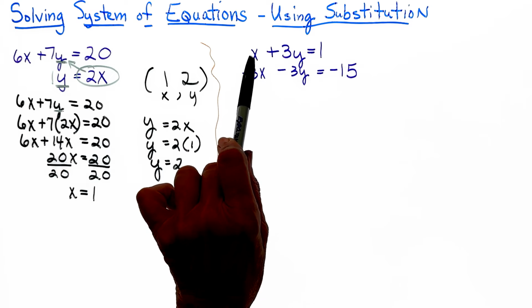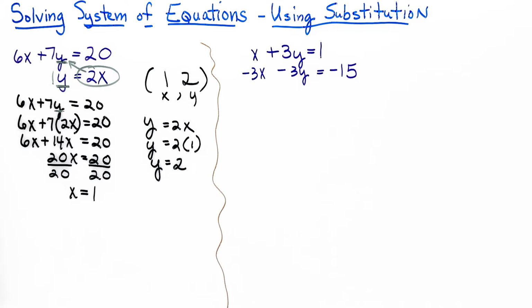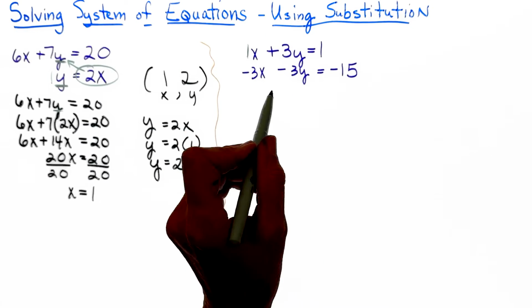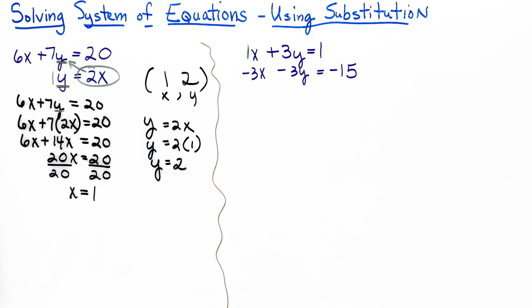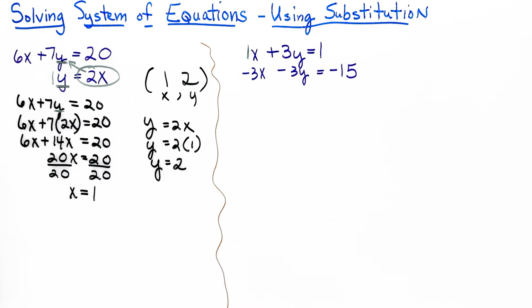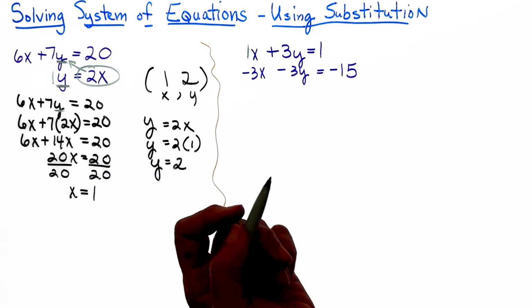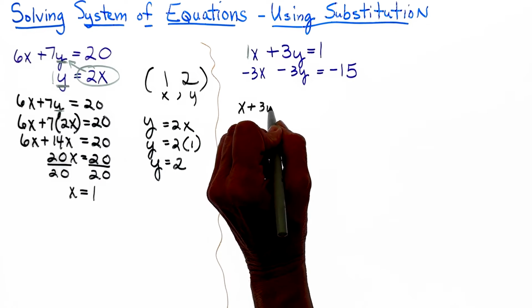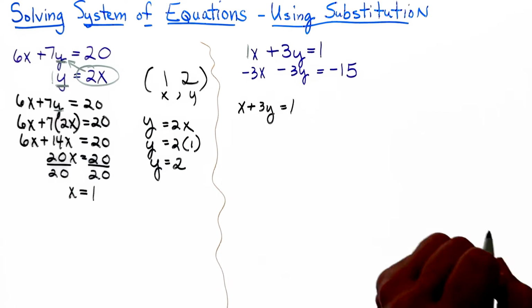But I see that my x up here has a 1 as a coefficient. So I know that my first equation is the equation that I am going to write so that I have x is equal to something. So let me recopy that, and I have x plus 3y equals 1.